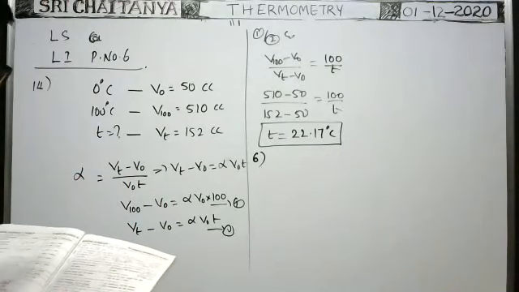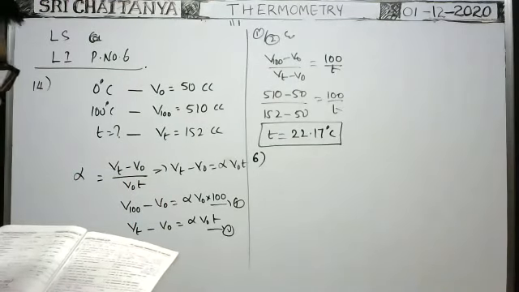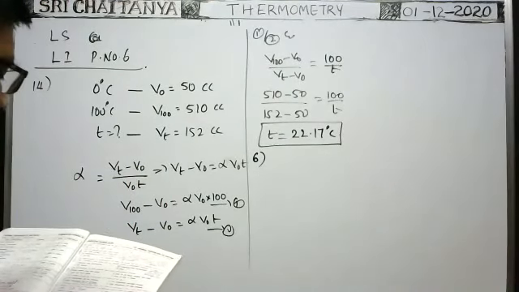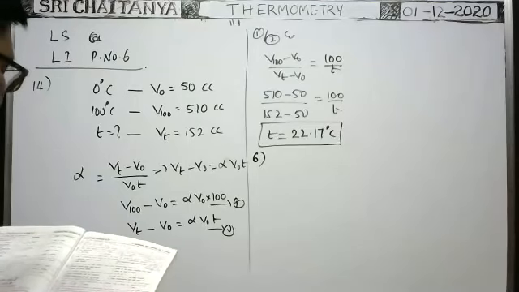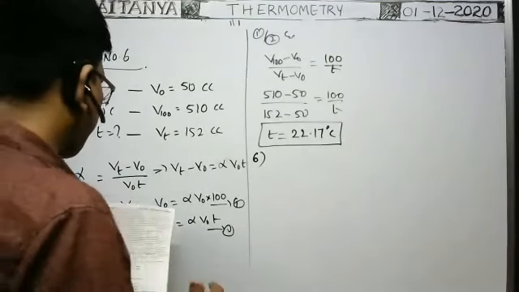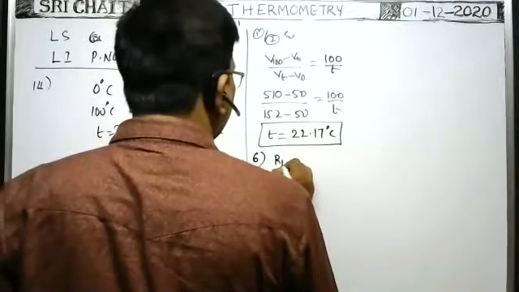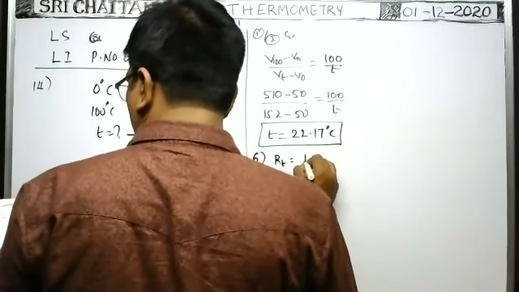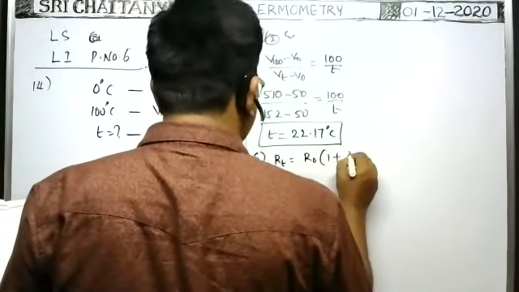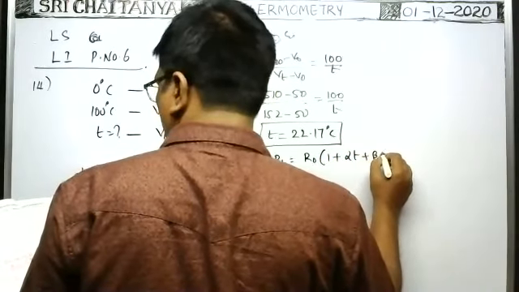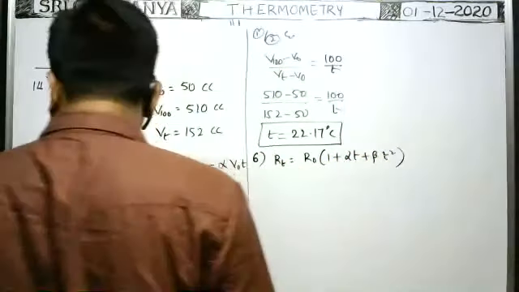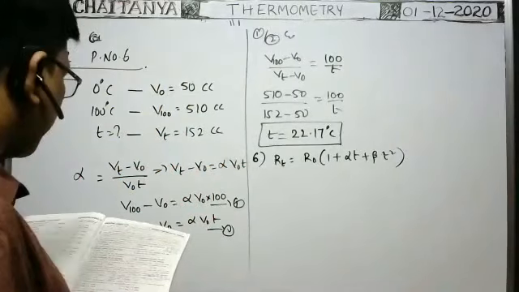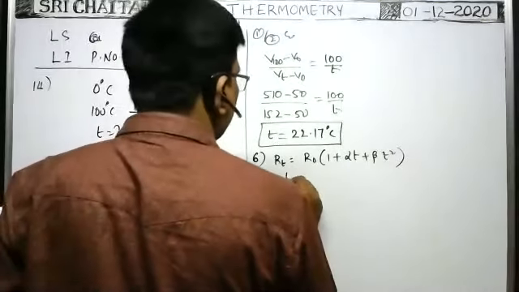A platinum resistance thermometer is constructed which reads 0 degrees centigrade at ice point and 100 degrees centigrade at the steam point. The resistance of the platinum coil varies with temperature according to the equation RT is equal to R0 into (1 plus alpha T plus beta T square). TP denotes the temperature of the platinum resistance.